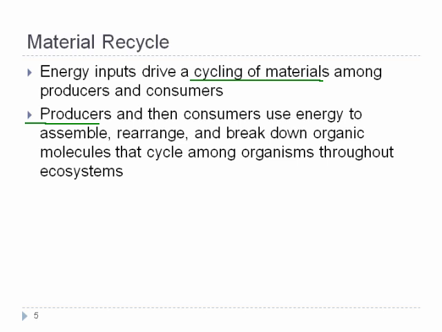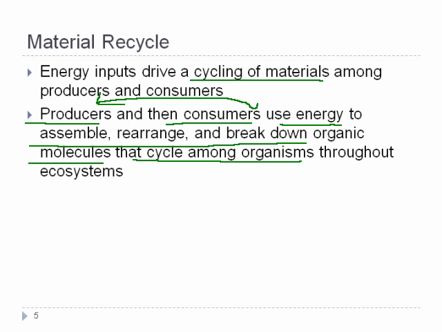And so the producers and then the consumers that consume the producers use energy to assemble and rearrange and break down the organic molecules that cycle among organisms through ecosystems. And those organic molecules that we're talking about are things like carbohydrates, proteins, those types of macromolecules that we've already discussed in the previous chapter.